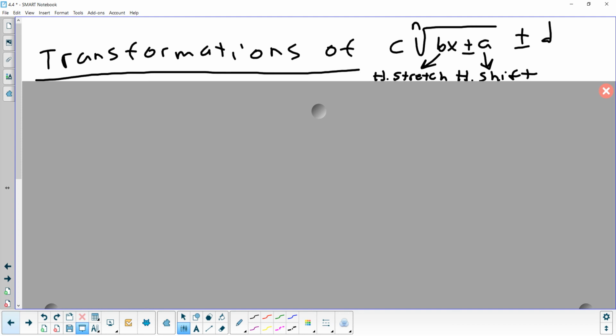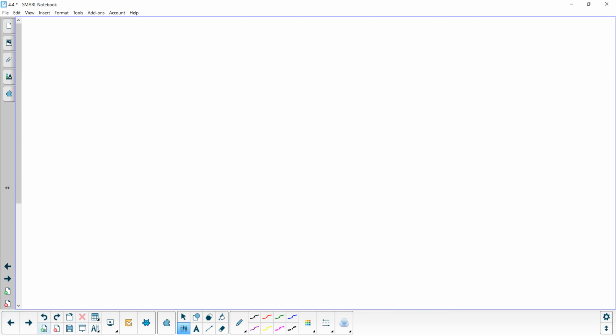Again, it's backwards from what you would think. If you put in a number like this, that is a horizontal stretch, but it's actually a horizontal stretch by 1/3. When you put in a big number, it actually compresses it down. If you put in a small number, it actually makes it bigger, stretches it out bigger.